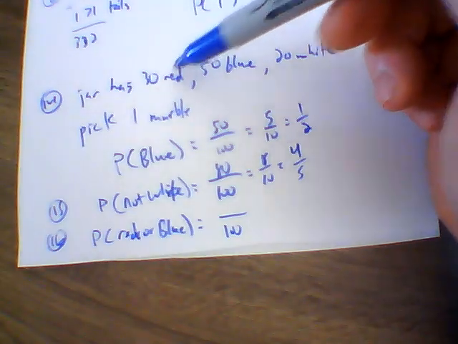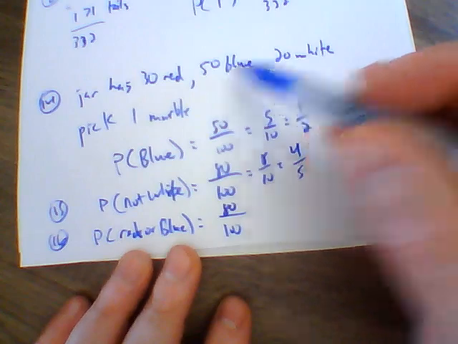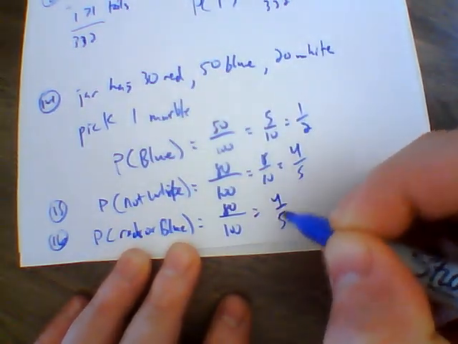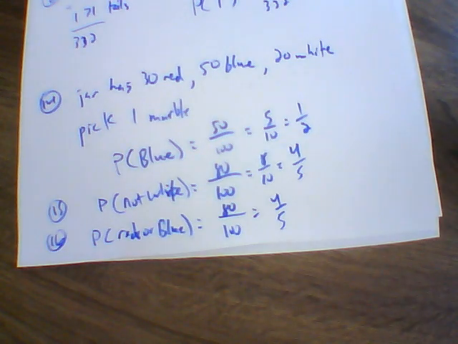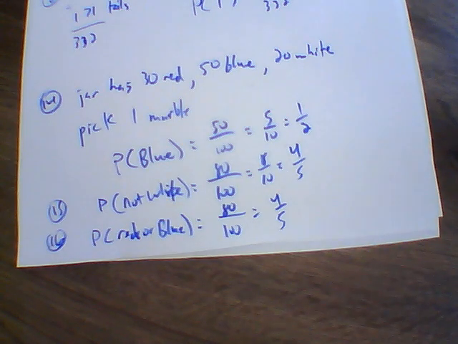There are 30 red and 50 blue, so there are 80. Red or blue is what not white was saying, so it's the same thing. So we'll start finding out there are different ways to state answers or to figure out probabilities. They have the same answers, but there are different ways to phrase it. So be well aware that sometimes things aren't as easy as they seem.